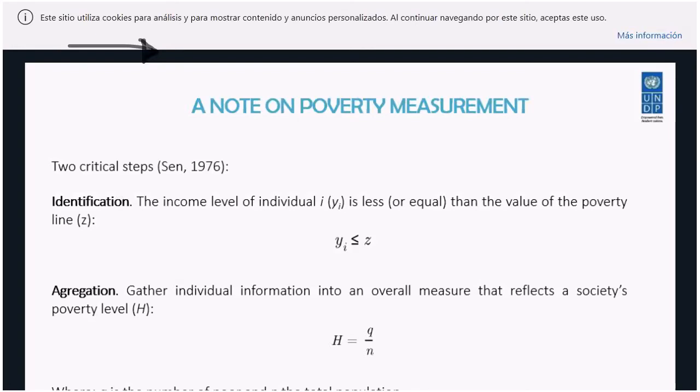And the second reason is that in the exercise of this 6th unit, you will be asked to measure poverty. So it is important. And actually there is an additional reason, a third reason.